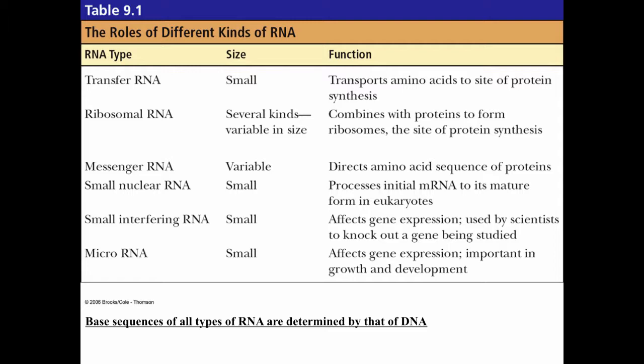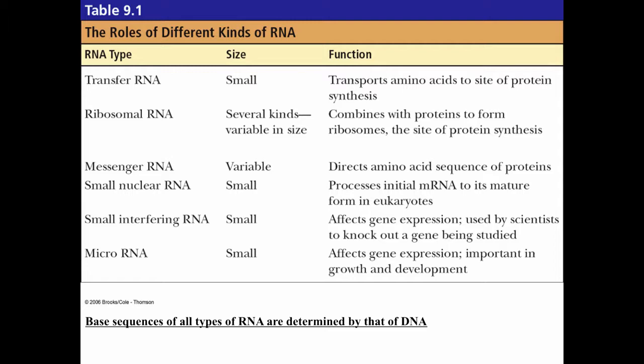These are relatively small pieces of RNA, and they're important for attaching to amino acids and being involved in protein synthesis. There's ribosomal RNA. There are different kinds that vary in size. They combine with ribosomal protein, and they are the site of protein synthesis.